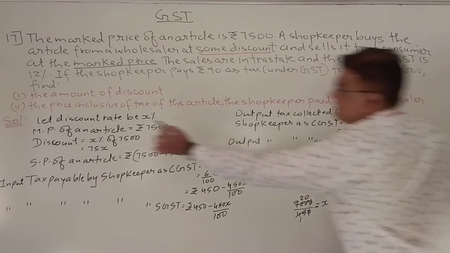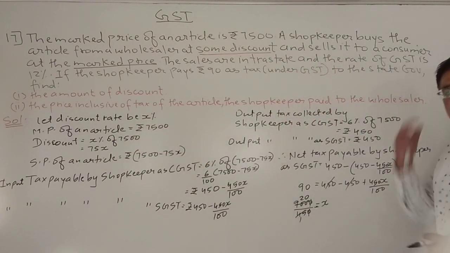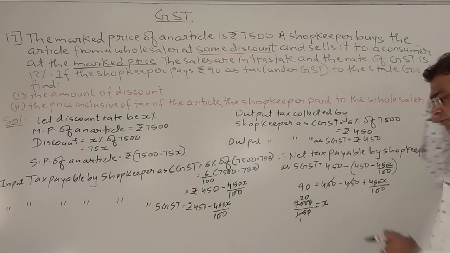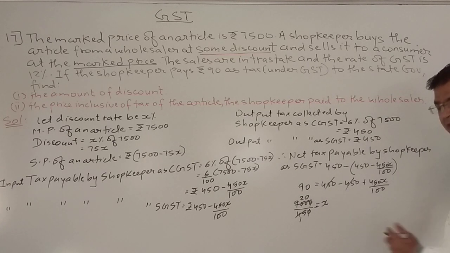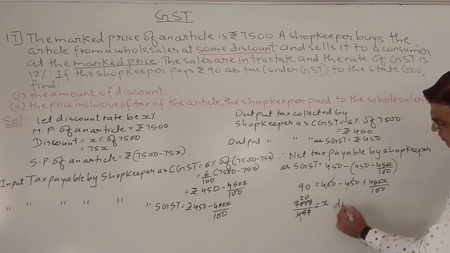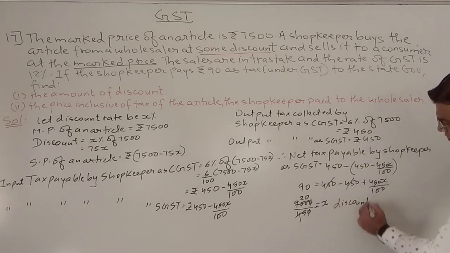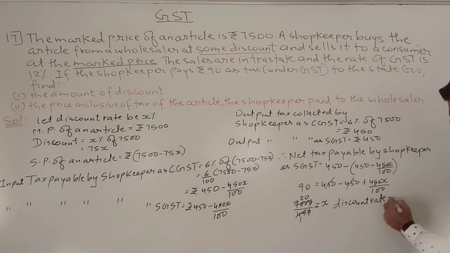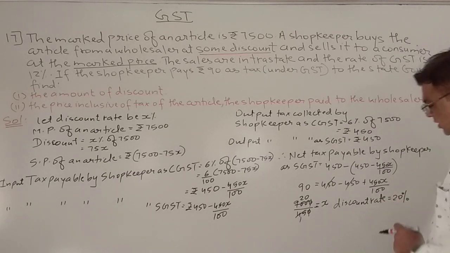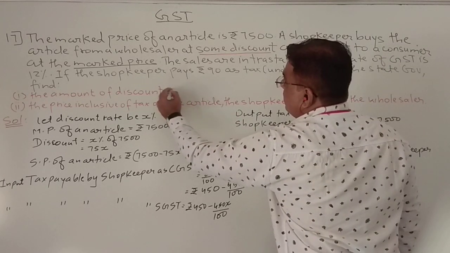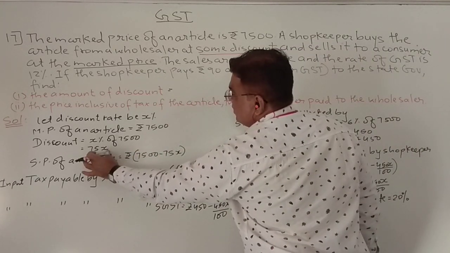What is x? x is our discount rate. So the discount rate will be 20%. Okay. So what is the amount of discount? Now see how much discount is given, 75x.